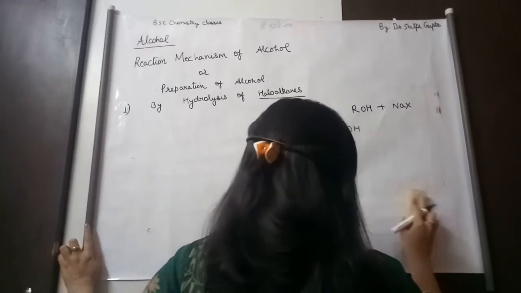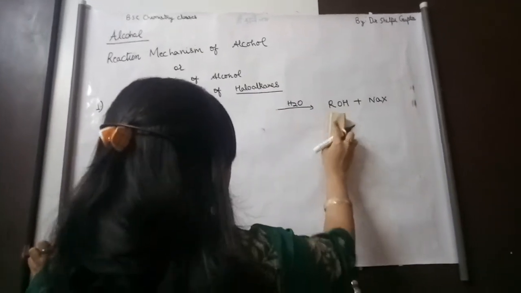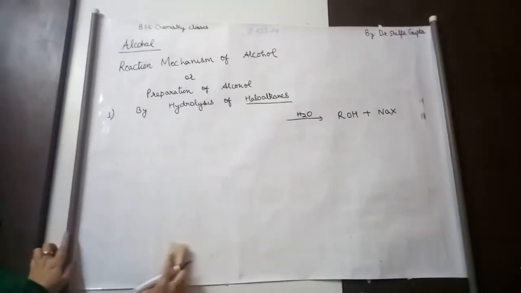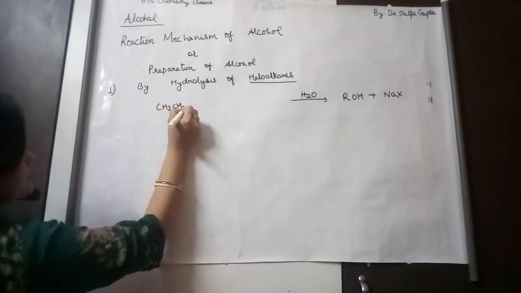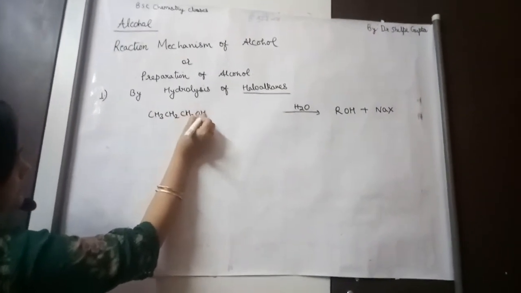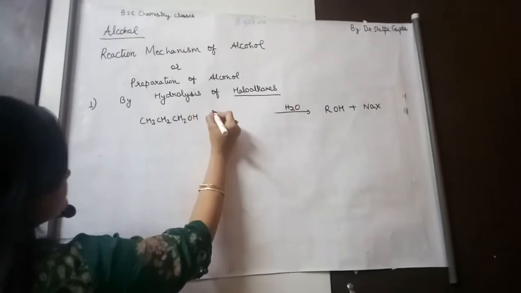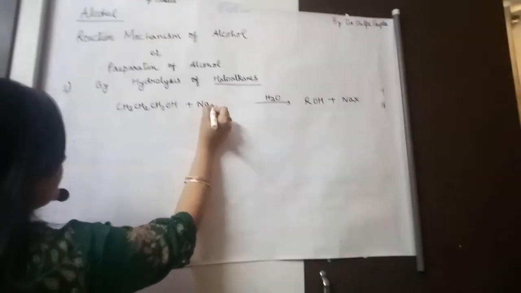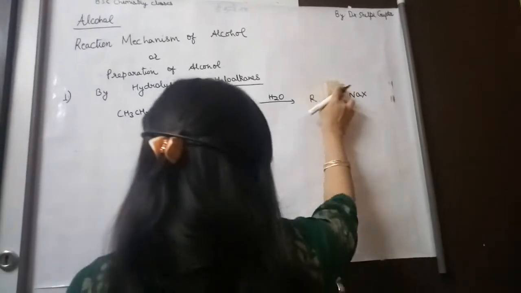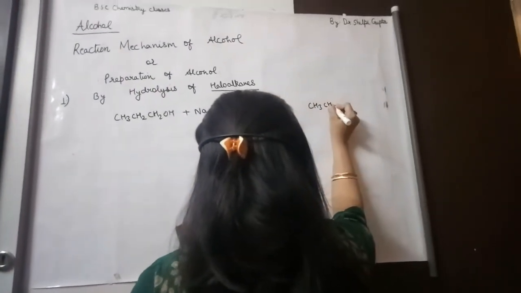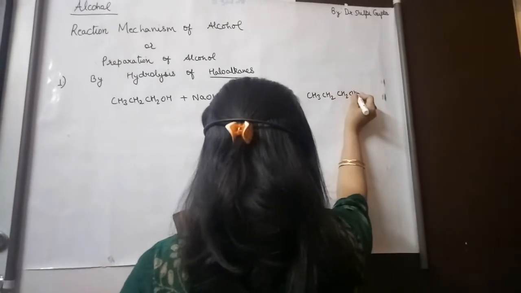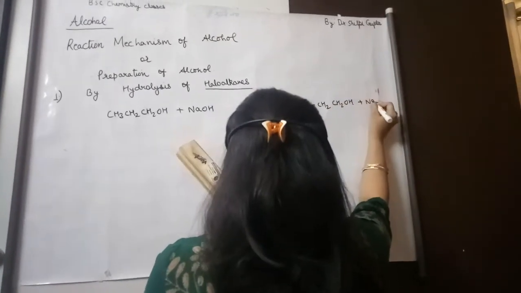Now comes secondary alcohol. Hydrolysis of secondary alcohol. The reaction is like this: CH3CH2CH2OH, okay, plus NaOH, and what will come is CH3CH2CH2OH plus Na.